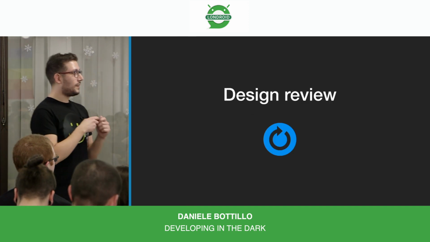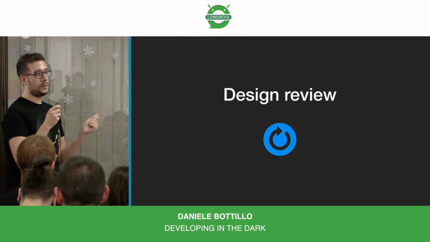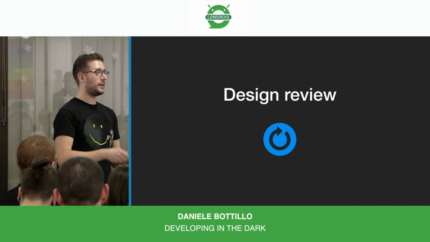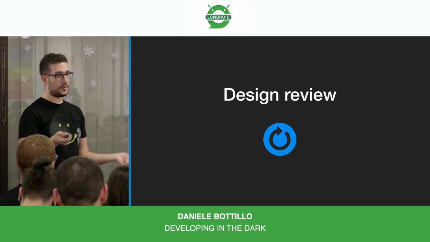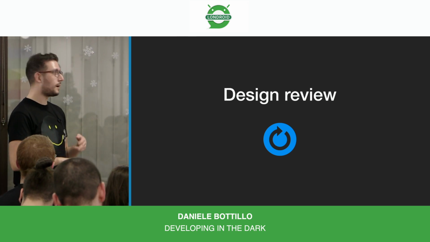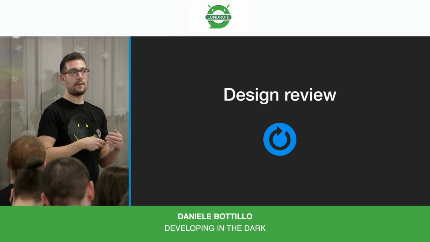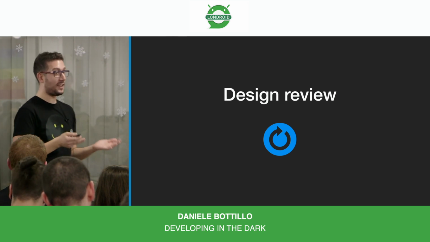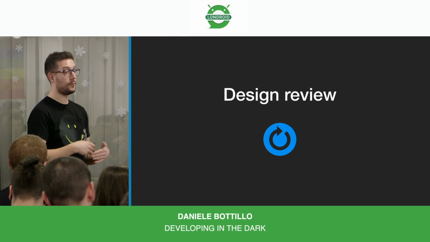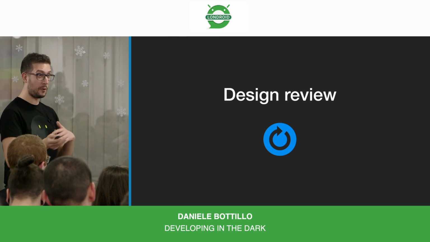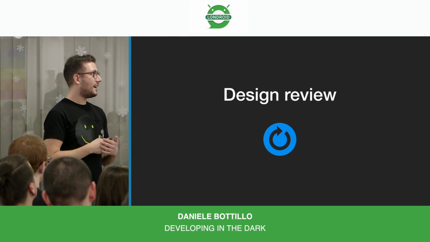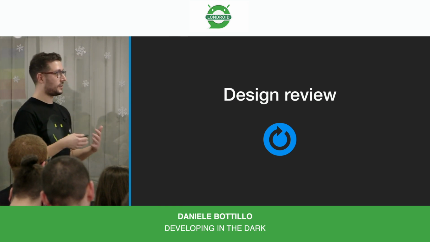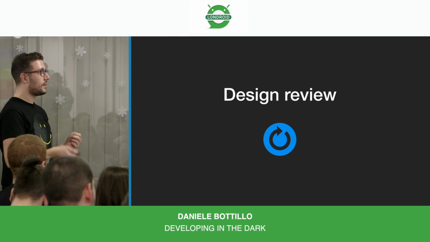The other thing is that I would suggest doing a lot of design review with your designer. It's very hard to get it right the first time. There are so many screens, so many components, buttons, and texts. As soon as you have a custom view, you need to go and check that this thing is going to work. Or if you have feature flags, turn them off and on. You can have a lot of use cases that you're going to miss. So do a lot of design review.